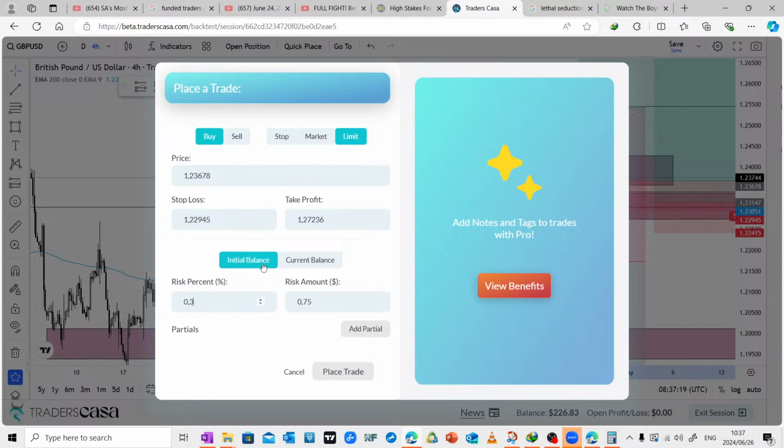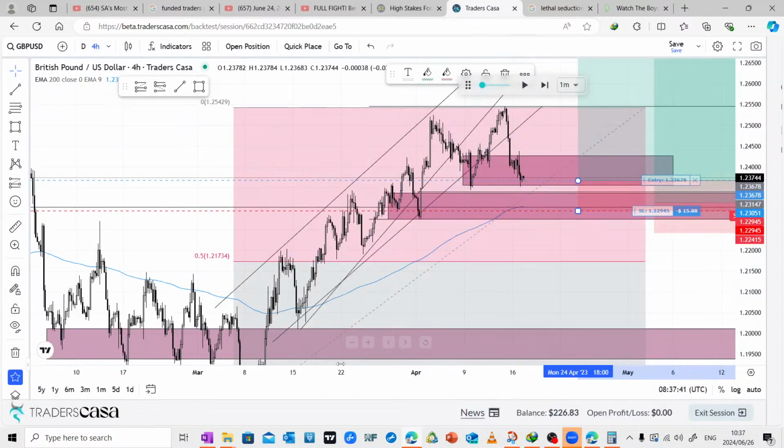So current balance, and what we're risking, 7%, right? It's the risky trade, so we will put less risk to the table, right? In place.